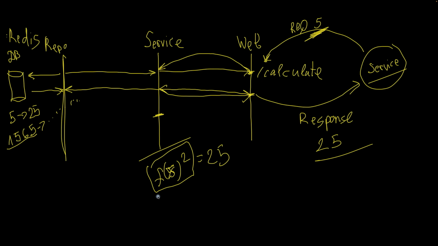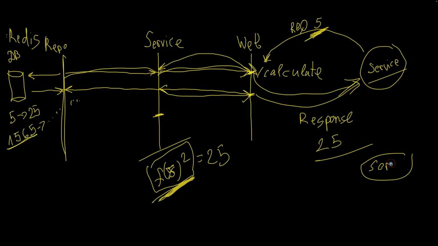We will not lose time and resources calculating, because resources are expensive from the cloud, for example, and not only on-premise, on cloud they are expensive. We see this input, and directly we respond from here to the service, to the web, and with the response we give back the result again.